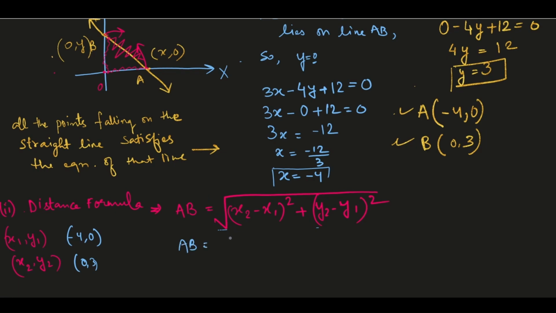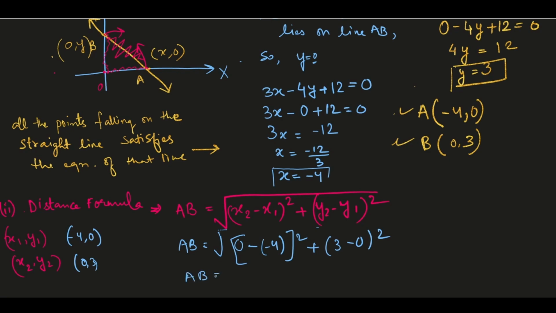So AB will be under root x2 is 0 minus -4 whole square plus y2 minus y1, that is 3 minus 0 again whole square, and this whole is under root.